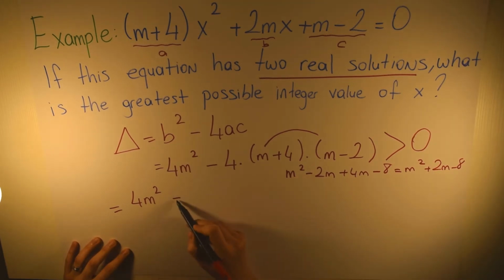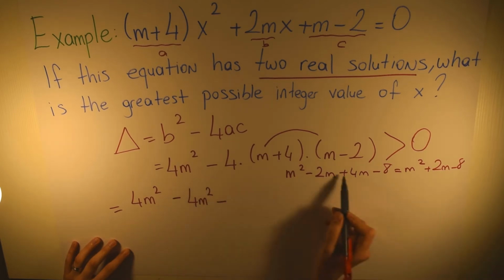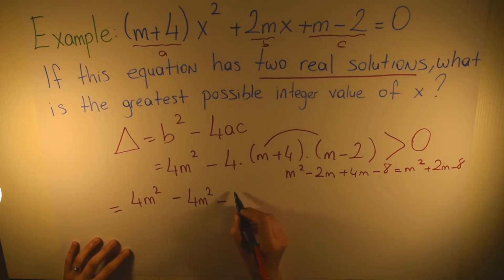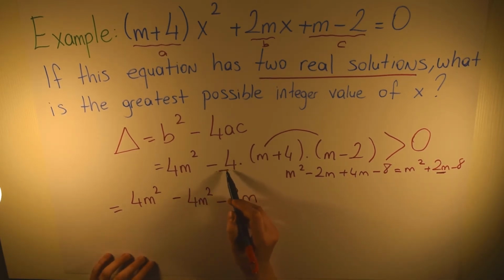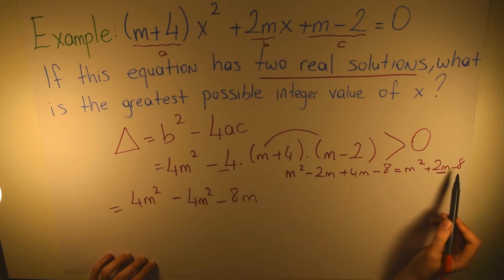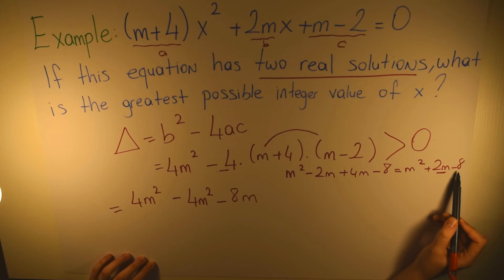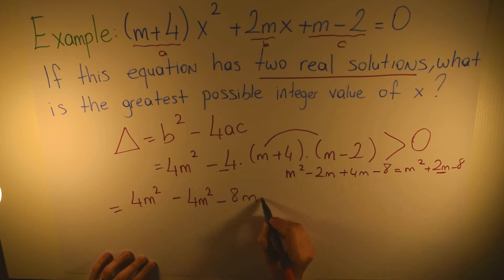It is minus 4 actually. It's minus 4 m squared minus 8m, because here we have plus 2m and you multiply by minus 4, it's minus 8m, and here we have minus 4 and minus 8, and when you multiply these two you get plus 32.